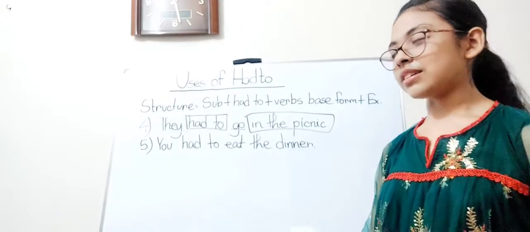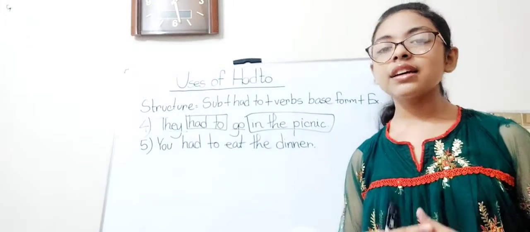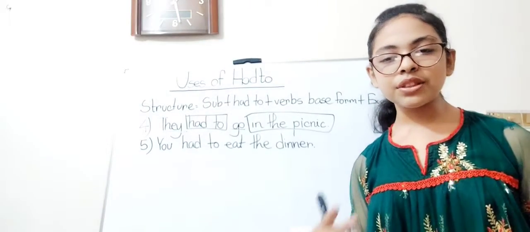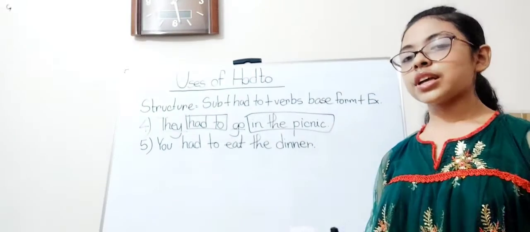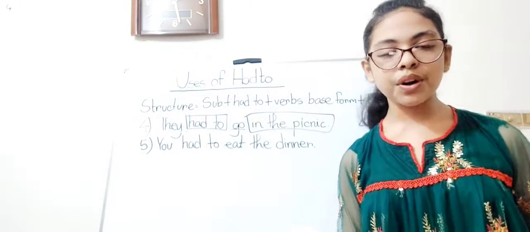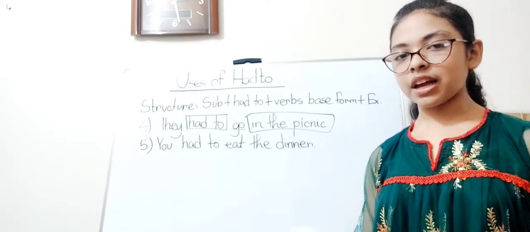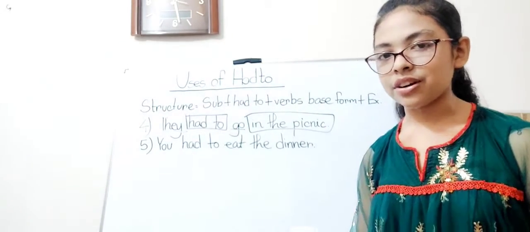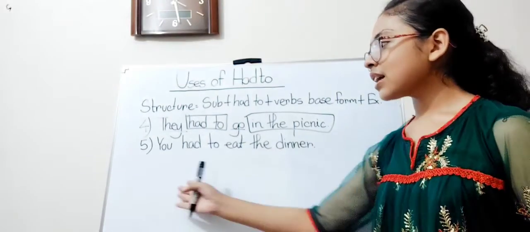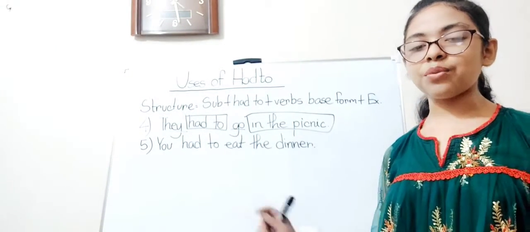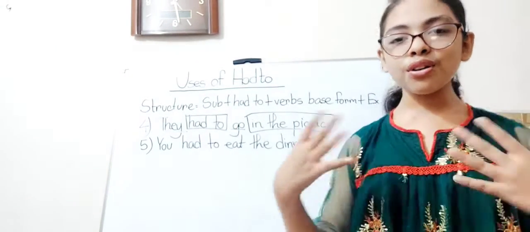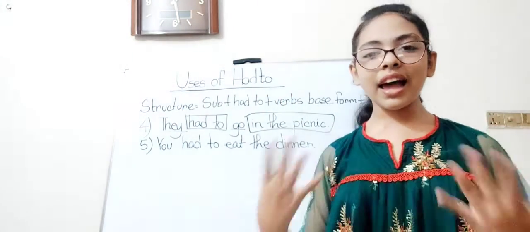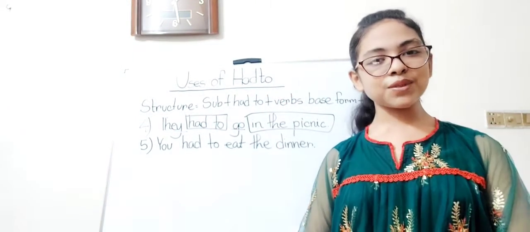If I say "you had to eat the dinner", it means তোমাকে dinner খেতে হয়েছিল. So here the obligation is working, and the comment is working. That means he or she must have eaten the dinner. So we can make a lot of sentences by using the phrase "had to", and I think this video will be really useful for you.